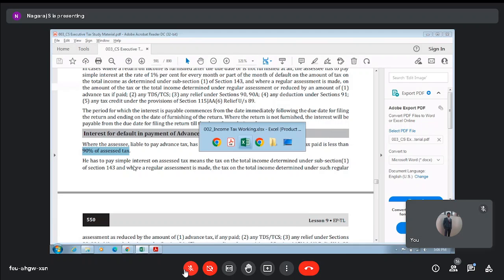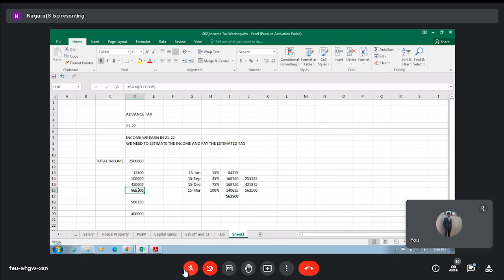Here I said advance tax. Assume you have filed the return. The assessing officer takes your return, verifies it and computes the tax. If he agrees with your computation, he then checks how much advance tax you have paid.